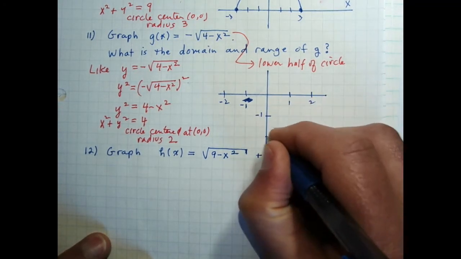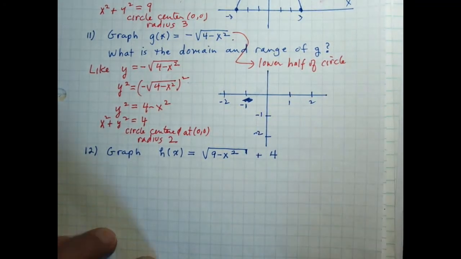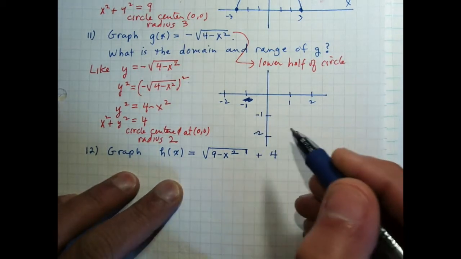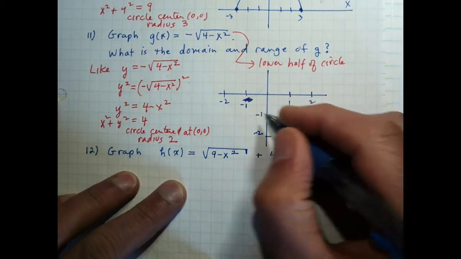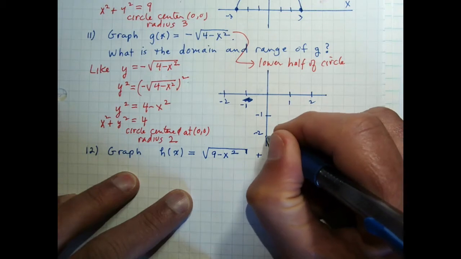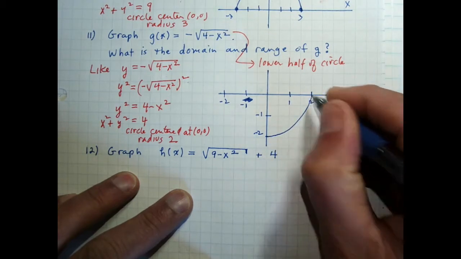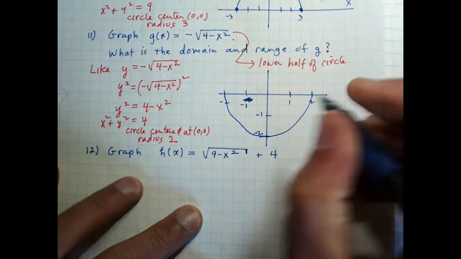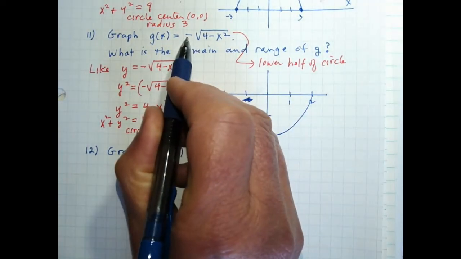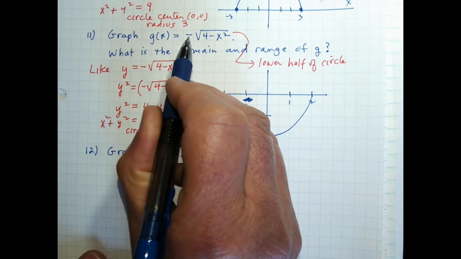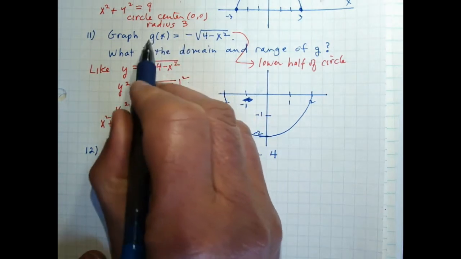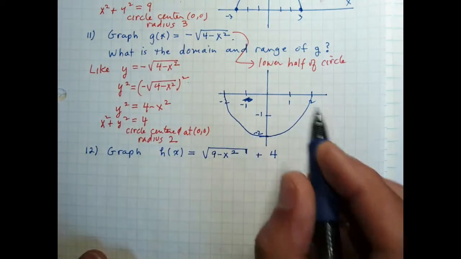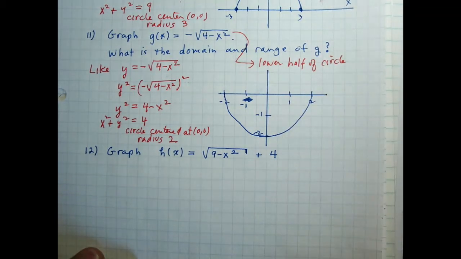So I want a circle centered at the origin of radius 2, but the lower half is what I have for my graph of g, because this minus sign in front of the square root sign is an indication that all the y values for points on g will be less than or equal to 0.